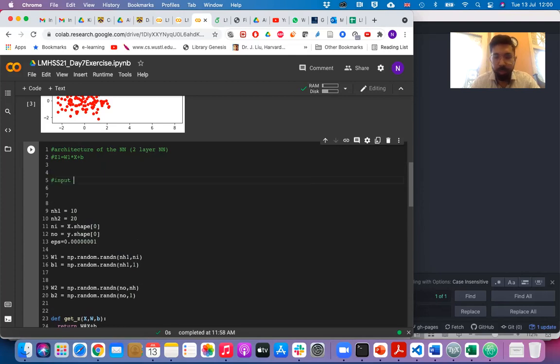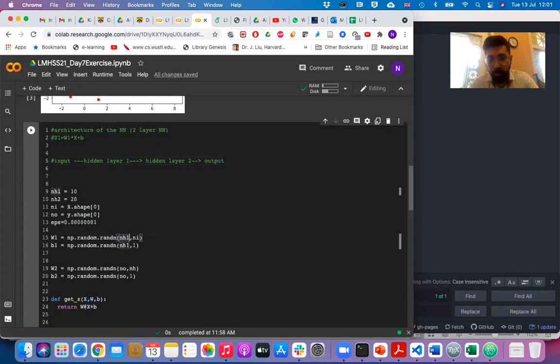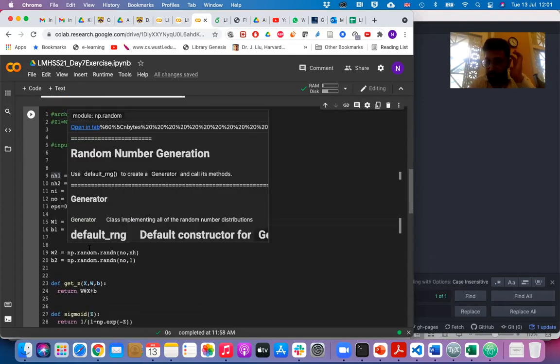So it's input, hidden layer 1, then hidden layer 2, and then output. So that's why I've used hidden layer 1 first, and then hidden layer 2.